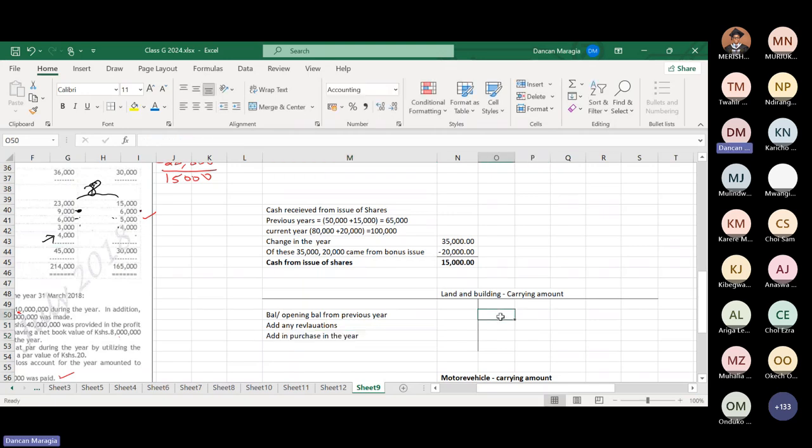Then on this side, we have the net book value of disposed assets, then depreciation expense for the year.